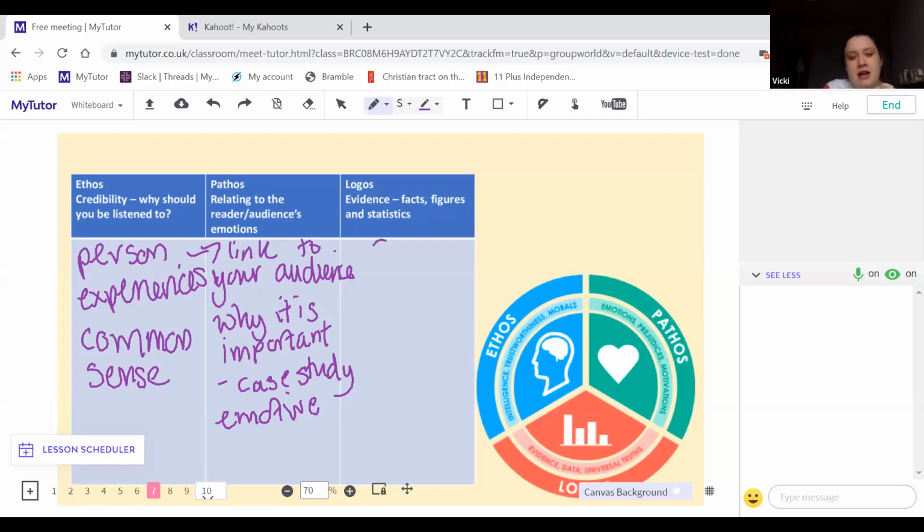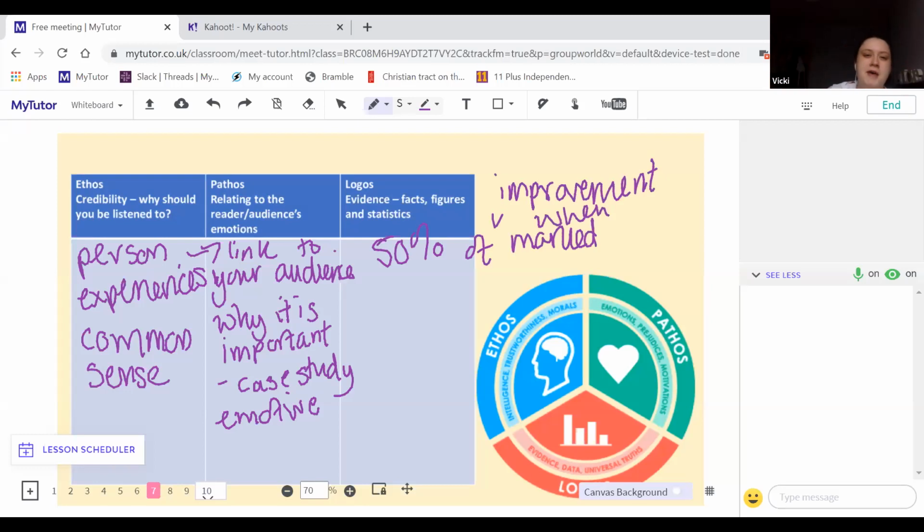So something like 50% of marked work, let's say, or 50% of improvement when marked. So when your work is marked, you could give a case study, you could use the same case study, but you could talk about perhaps your own school and their rules for homework.